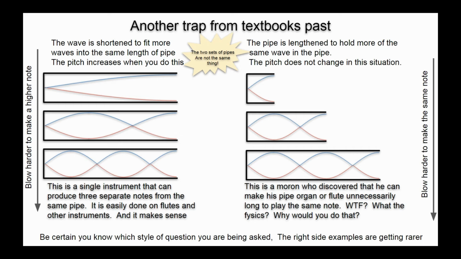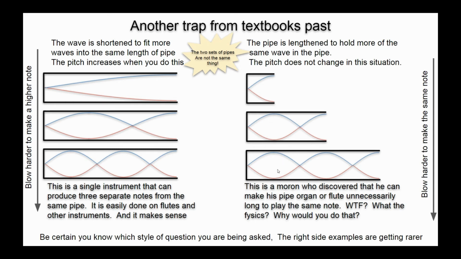That's the fundamental. Then I jumped up to the middle drawing. And that was the third harmonic. So as I blew, the same fingering made the flute or recorder or devil's whistle jump from this note to this note to this note without changing my fingering. That's what real musical instruments do.